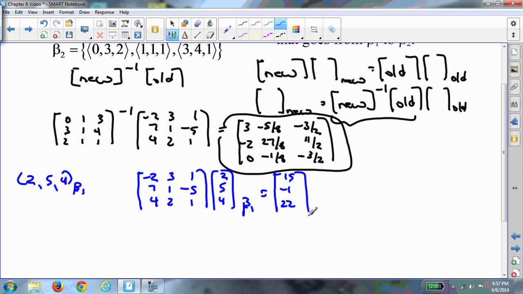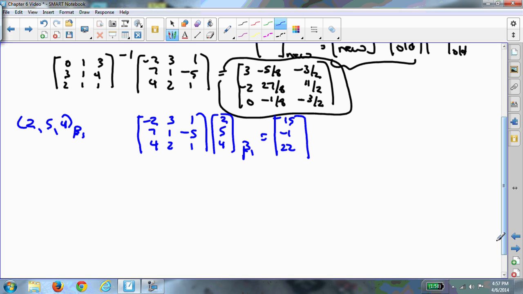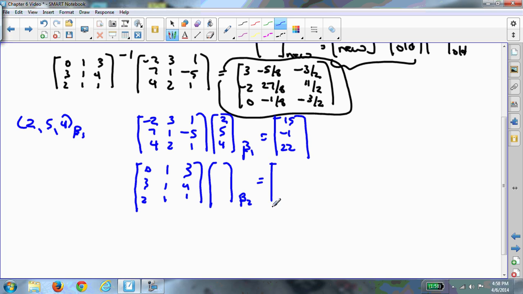And then if I wanted to find that relative to basis 2, basically that means I would have my basis 2, which would be [0, 3, 2; 1, 1, 1; 3, 4, 1]. I'm solving for the coordinates relative to basis 2, so this one I'm going to leave empty. That's like my x vector. And I want this to equal 15, negative 1, and 22.